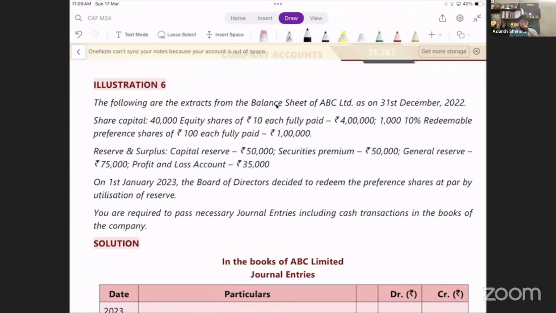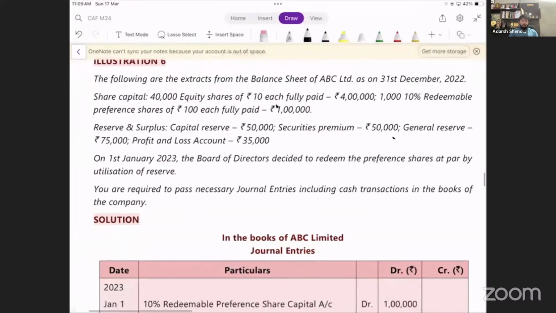Reserves and surplus: capital reserve 50,000, security premium 50,000, general reserve 75,000, profit and loss account 35,000. On 1st January 2023, the board of directors decided to redeem the preferences in part by utilization of free reserves. You're required to pass the journal entries, including cash transactions, in the books of the company.